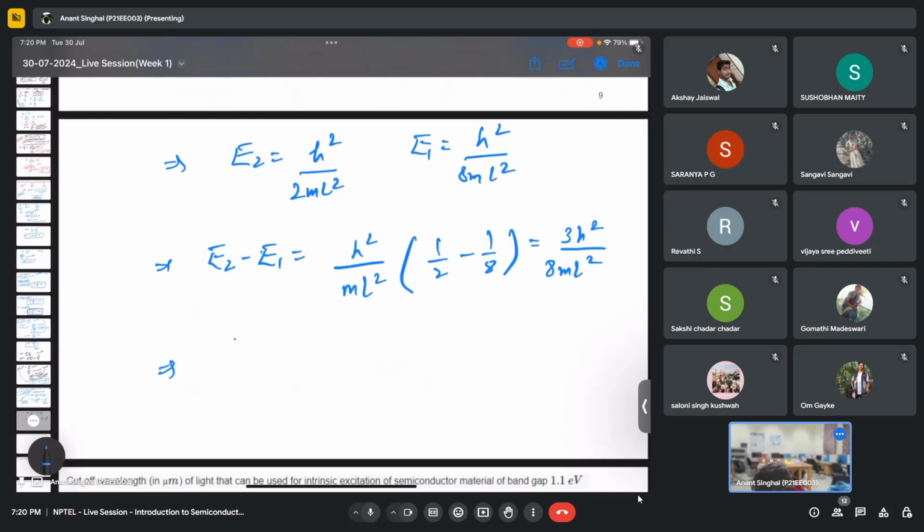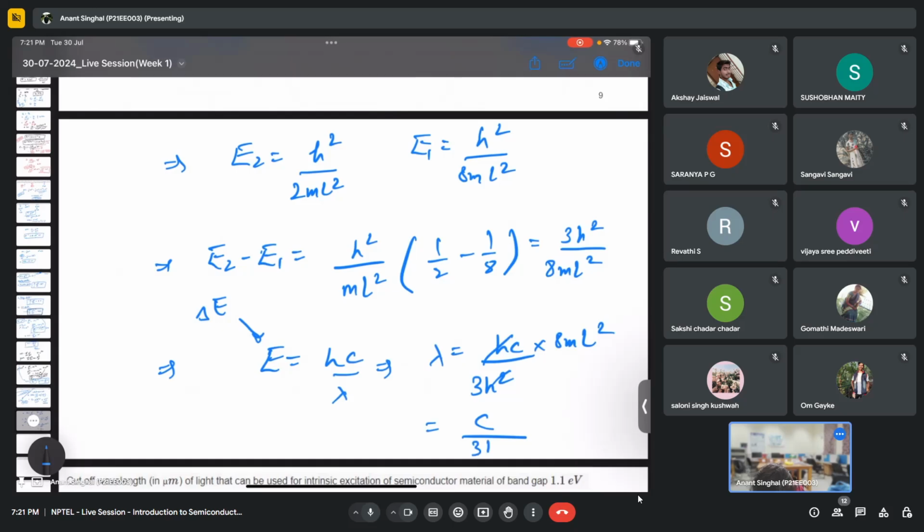And what we want is the wavelength. So we know that this change in energy will be hc by lambda, and we already have this value. So lambda will be hc divided by 3h square by 8 ml square. And we know each and everything here.